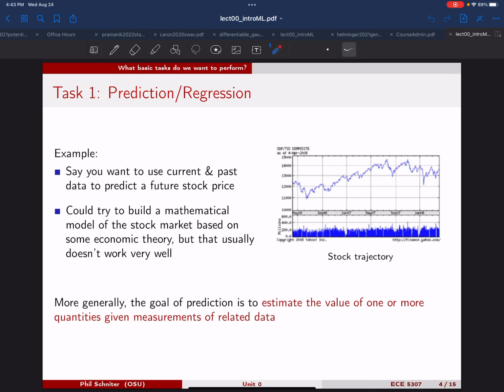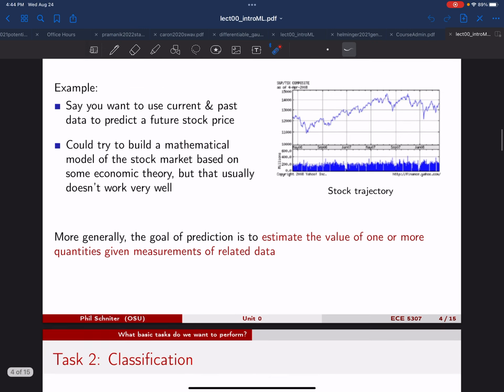And if you can learn those patterns automatically, you can build a model that has learned. It wasn't told this is the way the stock market works. It learns how the stock market works, and it's applying that knowledge for prediction. Do you see the distinction between that classical approach where you rely on an expert and this learned approach where there is no expert, all you have is the data? That's kind of the gist of machine learning. Any questions on this? Okay.